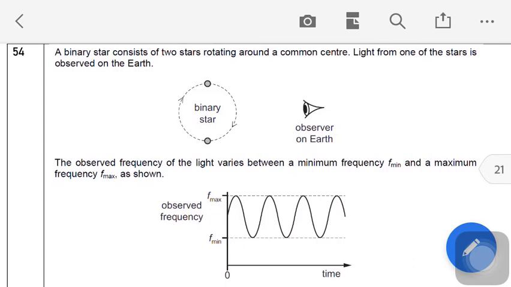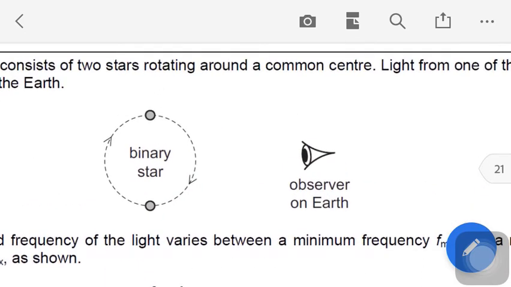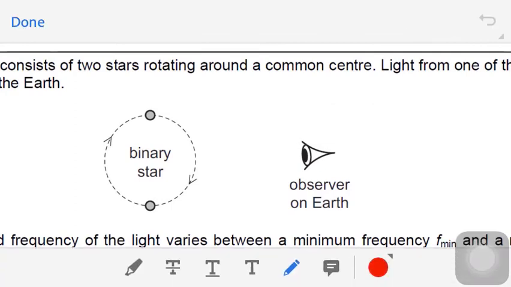So when an object is moving towards, the frequency increases. So when the object is at this position, it is moving towards the observer, the frequency increases.